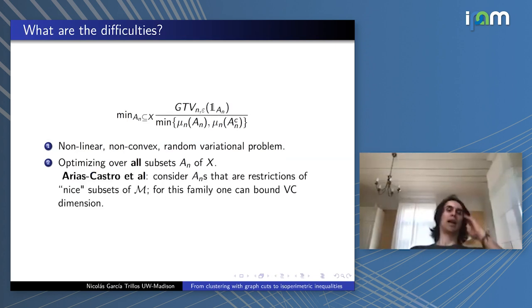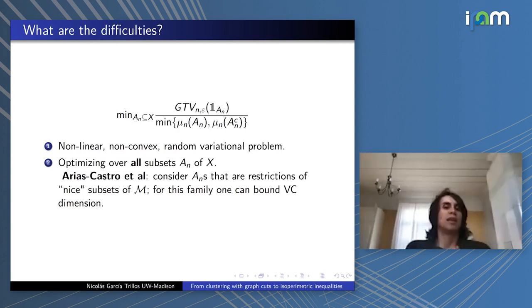Let me talk a little bit first about the second point, the optimization over all subsets, and its relationship with statistical learning theory. There was a paper of Arias-Castro et al. in 2011, around that time, where this same Cheeger problem is replaced a little bit. Instead of considering all possible subsets of the data set, what they do is consider subsets obtained by restricting to the data set nice subsets on the manifold.